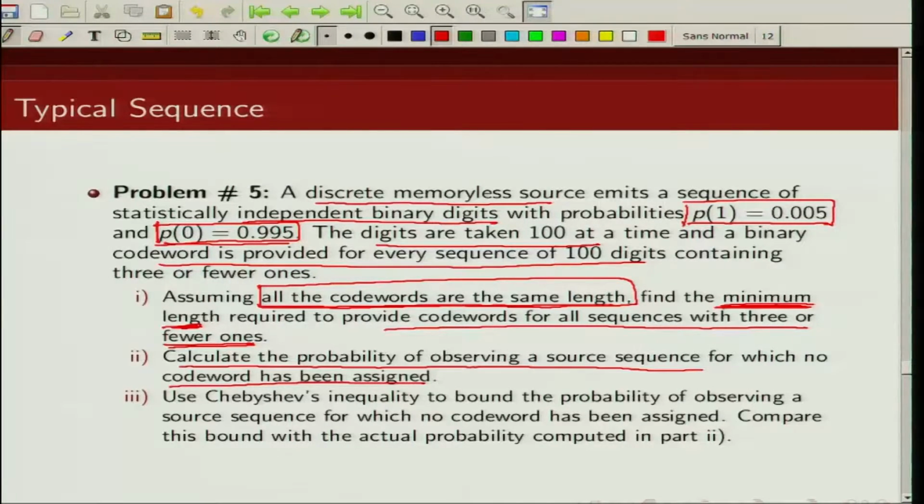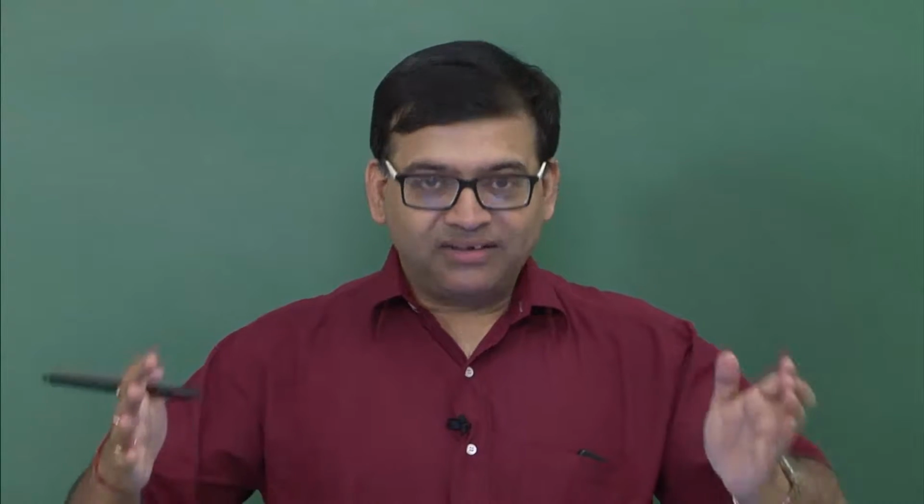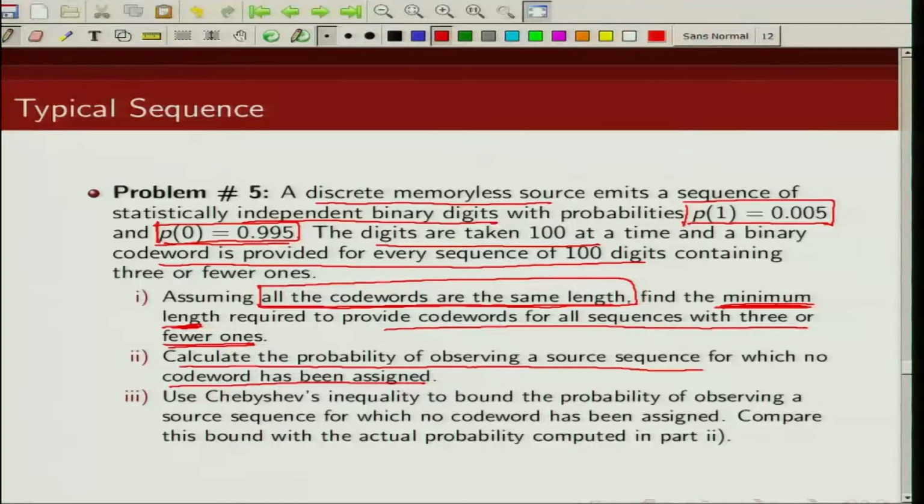Now when will no code word be assigned? When we get, among these 100 bits, a number of ones which is 4 or more. In that case we are not assigning any code words. So the second part of the question asks us to calculate this probability, and the third part says, use the Chebyshev inequality to bound the probability of observing a source sequence for which no code word has been assigned.